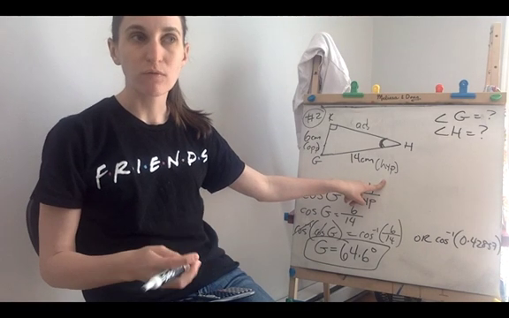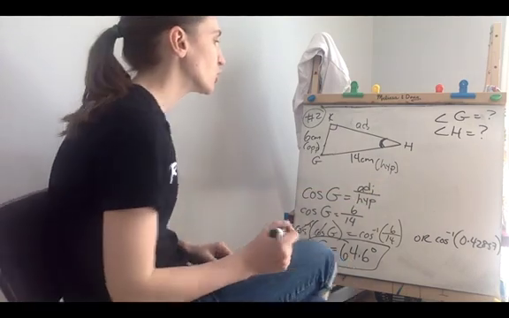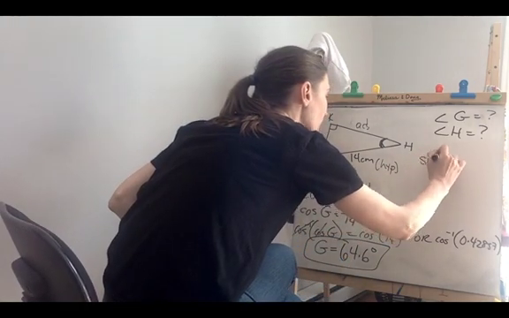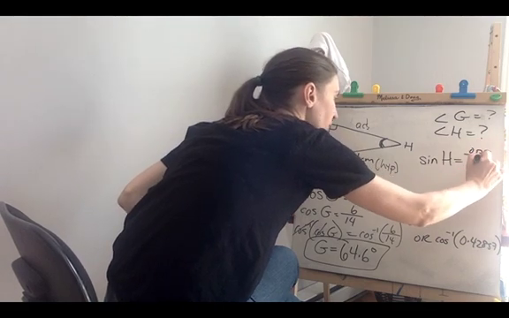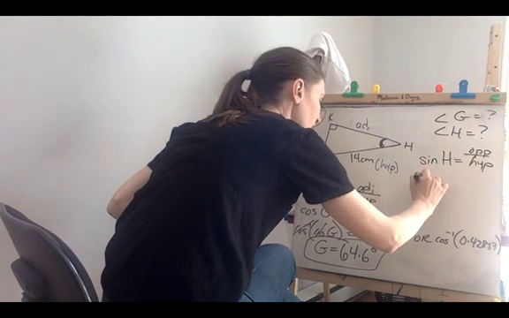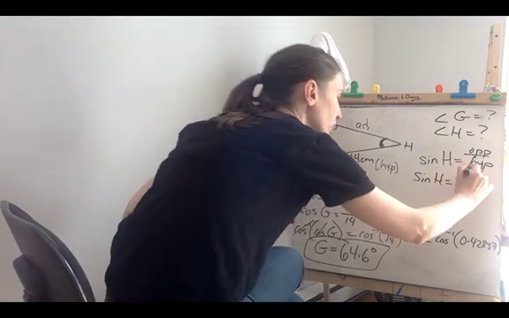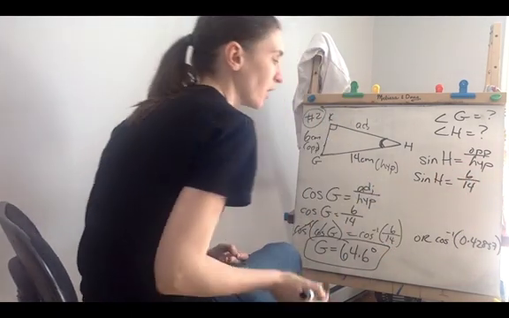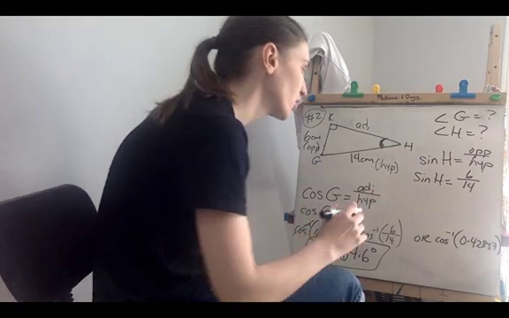So which trig ratio involves opposite and hypotenuse? That's the sine ratio. So now I can set up: sine of H is equal to the opposite divided by the hypotenuse, and sine of H will equal 6 divided by 14. Then what I want to do is get rid of the sine, so I do that by doing sine inverse.